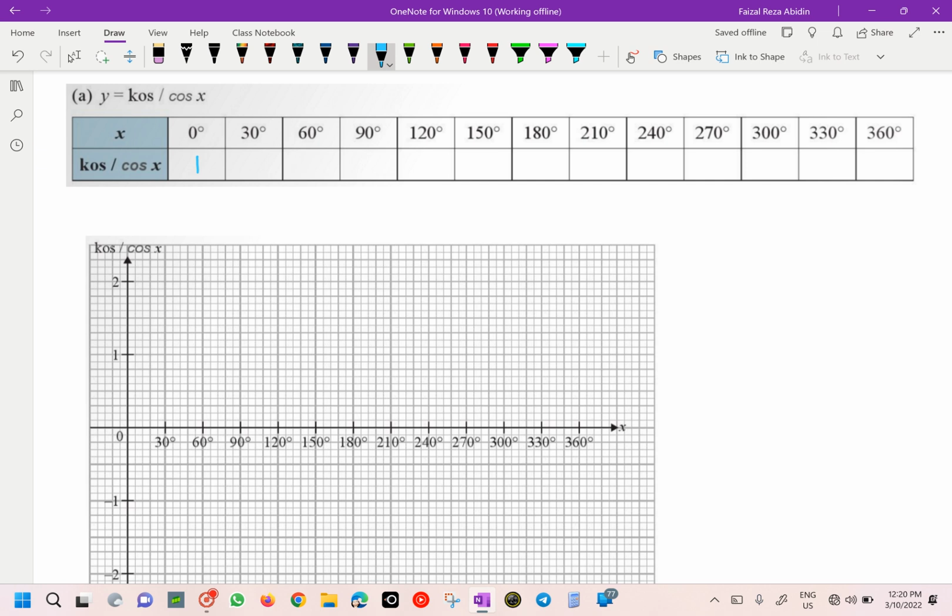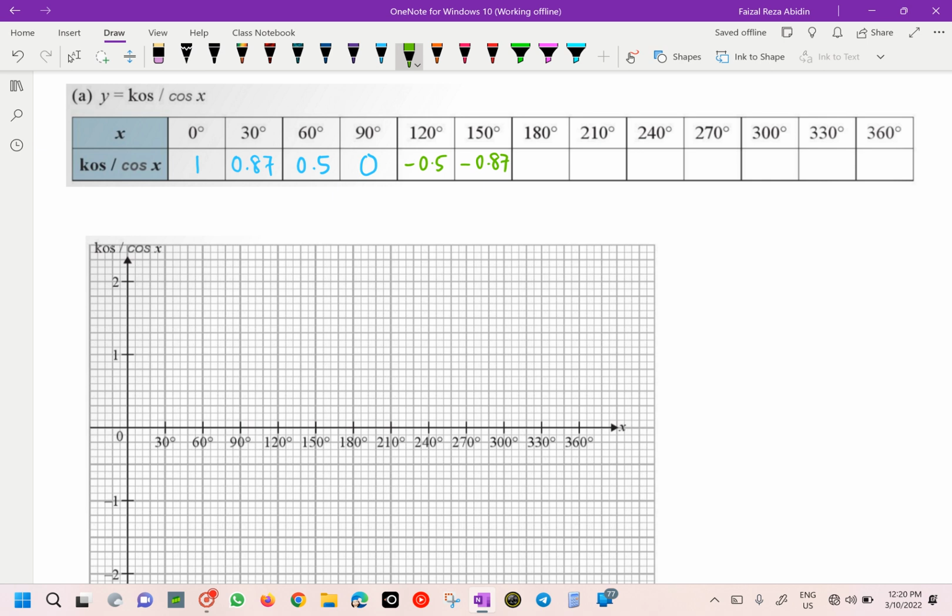Cos 30 degree. 0.87. Cos 60. Cos 90. Cos 120. 150, negative 0.87, isn't it?